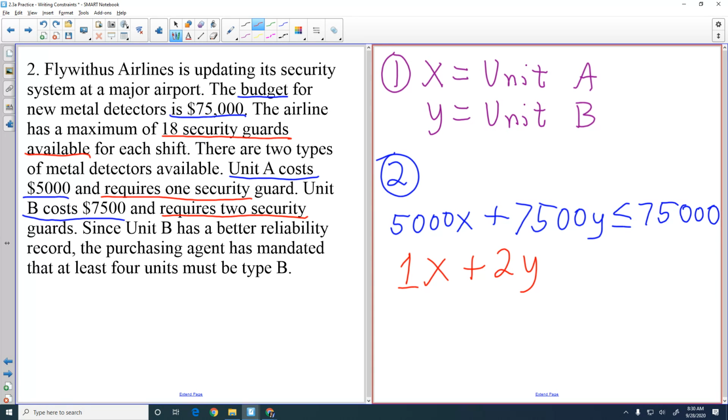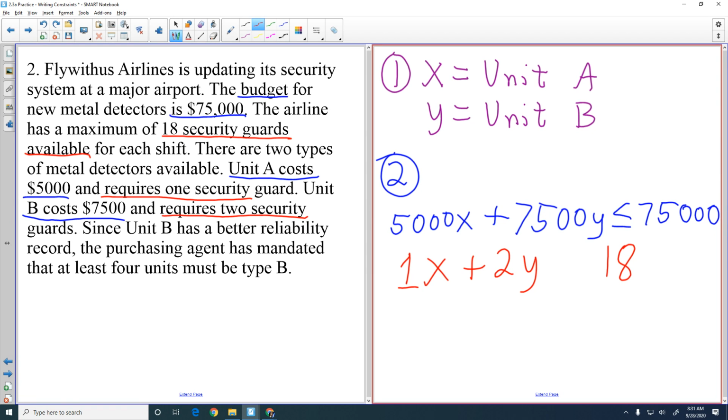So if we bought 3 unit Bs, we'd need 6 security guards, right? 2 times 3, 2 of them for each of those 3 units that we purchased. So this expression now, 1x plus 2y, represents all the security guards that we're going to be using for those 2 models. When I add them up, I'm comparing it to a total of 18. That's the total number of security guards I have available.